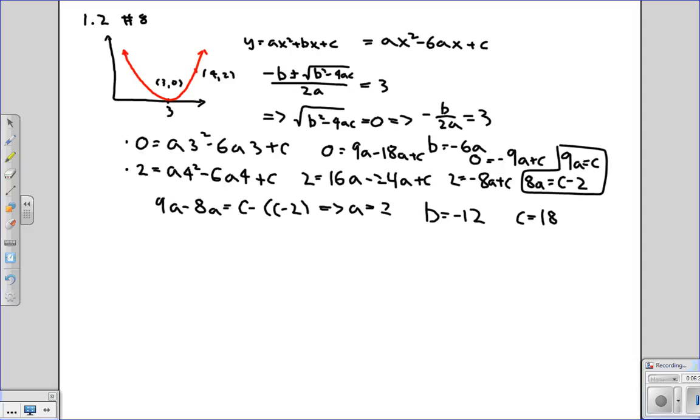And so there you go. We have the answer. So y is equal to 2x squared minus 12x plus 18.